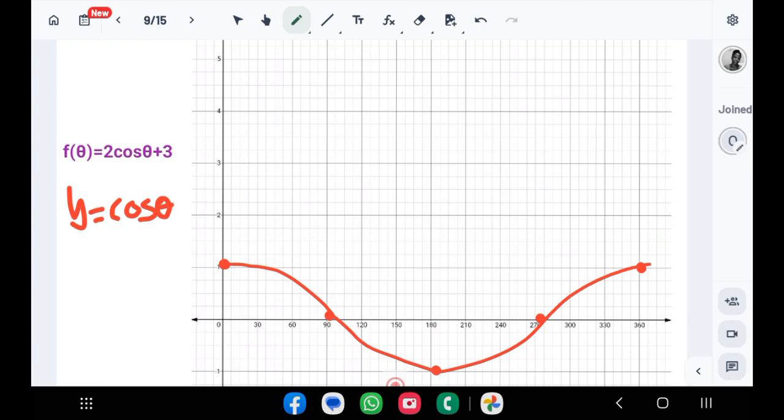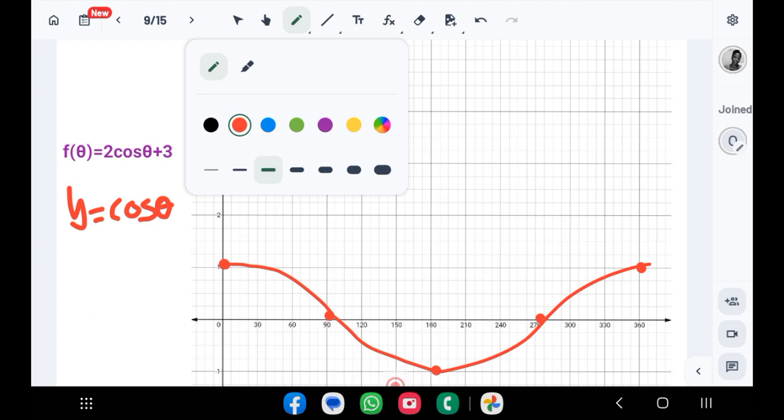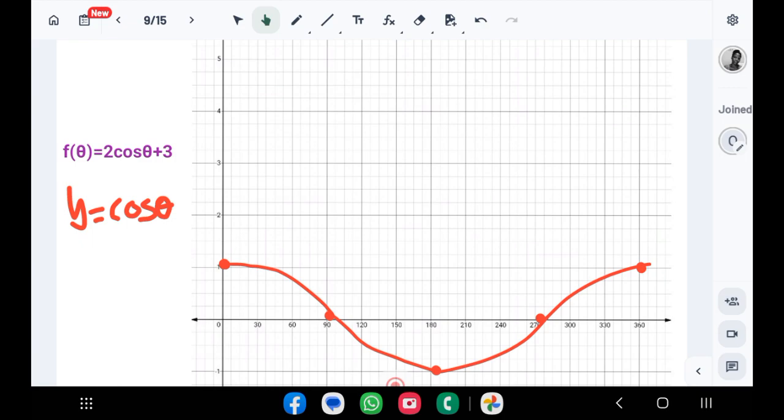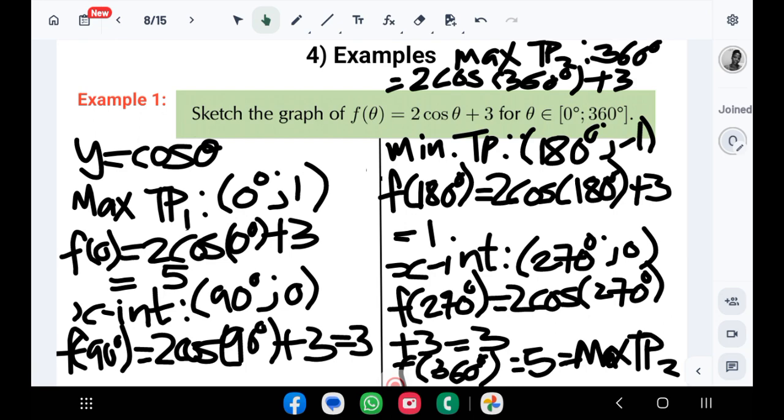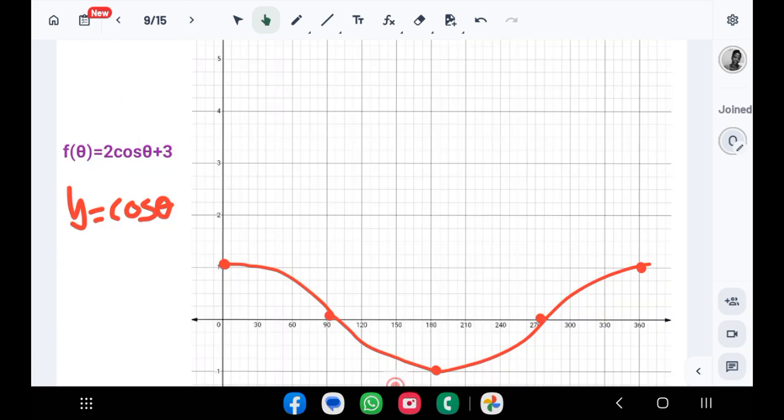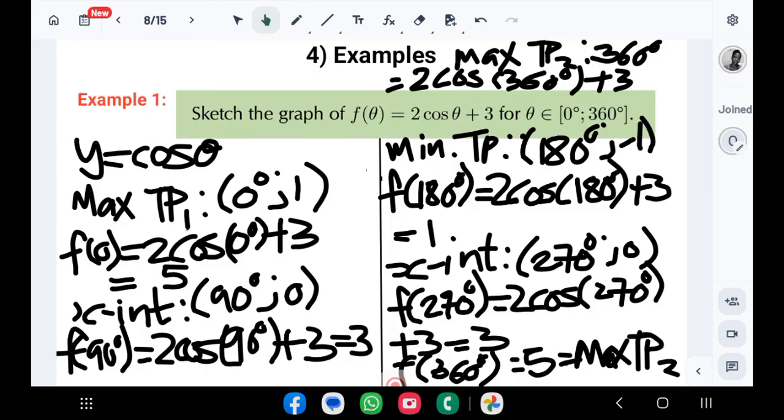This is the graph. And now we plot the purple graph, which is y equals 2 cos theta plus 3. According to this one, at 0 degrees, the y-coordinate is equal to 5, and that's where we plot the point. At 90 degrees, it is 3.